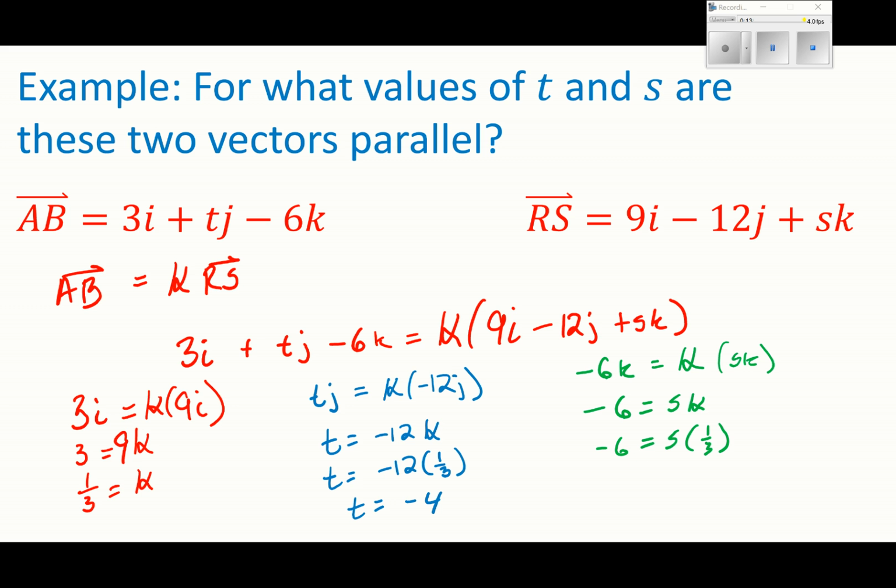So negative 6 divided by 1/3 is the same as multiplying by 3. So negative 18 is equal to s. So for what values of t and s are these two vectors parallel? s has to be negative 18 and t has to be negative 4 for these to be parallel to each other.